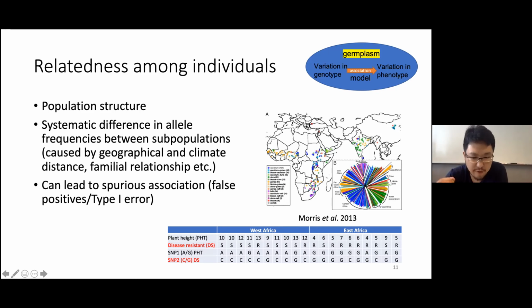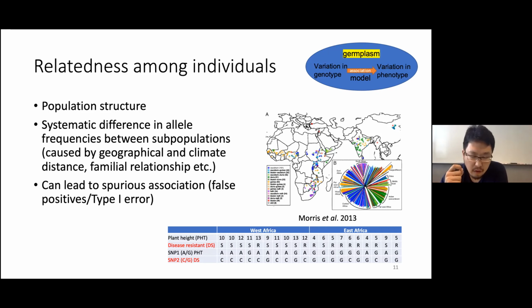And the other trait is the resistance to a disease. The genotypes from West Africa are more susceptible to this type of disease, while the genotypes from East Africa are more resistant to this type of disease. And this is caused probably by the geographical and climate distance of these lines, or the familial relationship, etc.